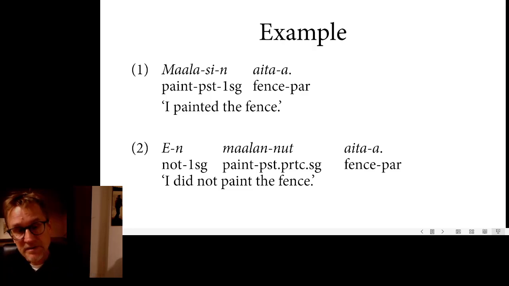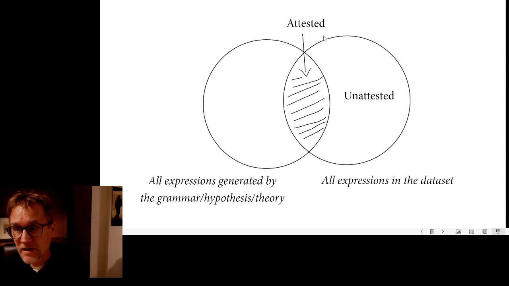In a typical study, the dataset will contain many more examples and much more data, but here we are just going to illustrate something, so we can go with these two. As I mentioned, if you go back to this diagram, these expressions would now be in this intersection where we have attested expressions.